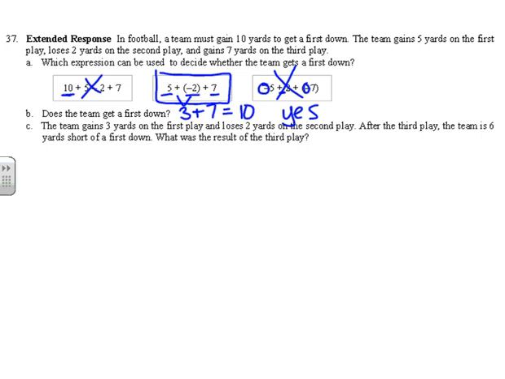Then for part C, the team gained 3 yards, they lost 2 yards, and once they've done that, they are 6 yards short of the first down. We know we need 10 yards to get to the first down. So this part is positive 1 yard for just the 2 plays.